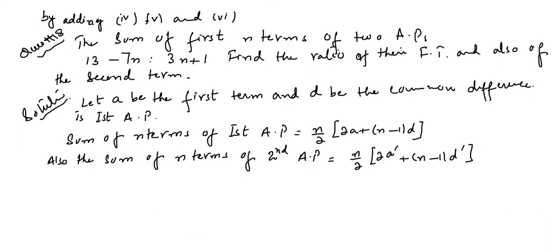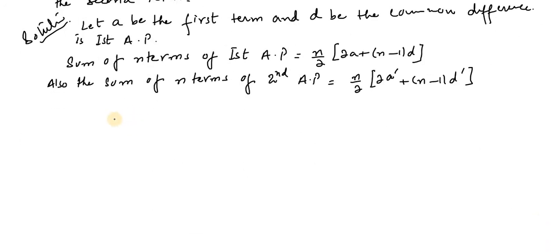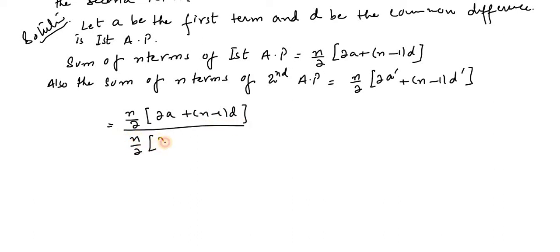So the ratio of the sums of the first n terms of two arithmetic progressions is n upon 2 into 2a plus n minus 1 of d, upon n upon 2 into 2a dash plus n minus 1 of d dash, is equal to 13 minus 7n upon 3n plus 1. n upon 2 is cancelled with this.